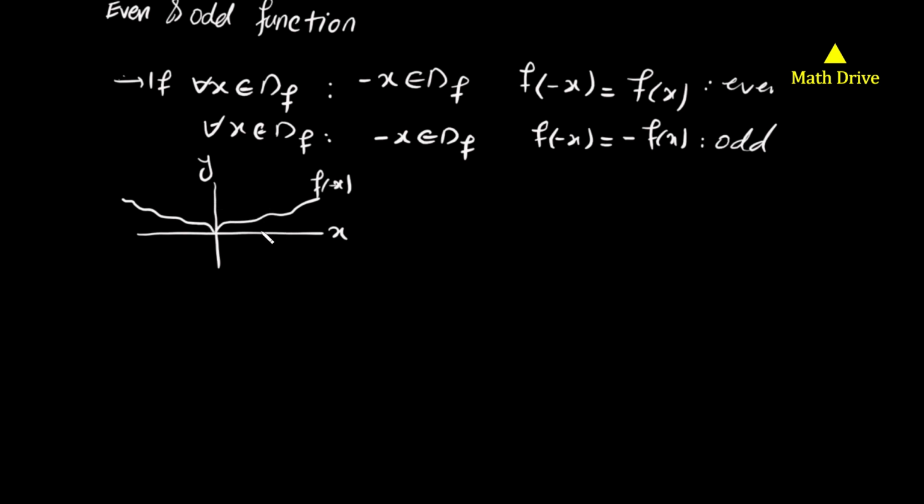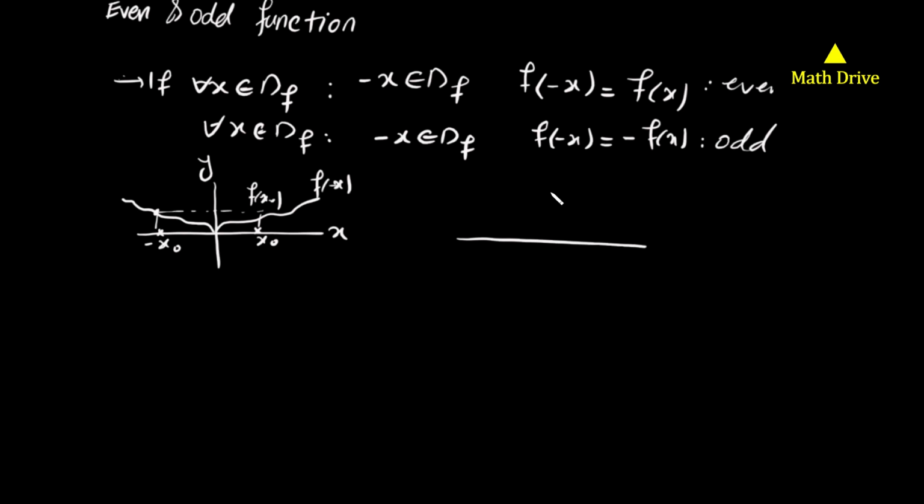Because for any x, for example x0, the negative x0 also belongs to the domain of the function, and f of minus x0 is equal to f of x0. So this is f of x0, and at the same time this is f of minus x0. So this f of x is an even function. Basically f is symmetrical about the y-axis.